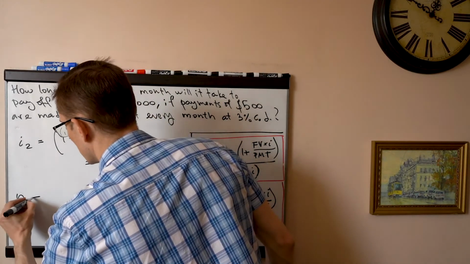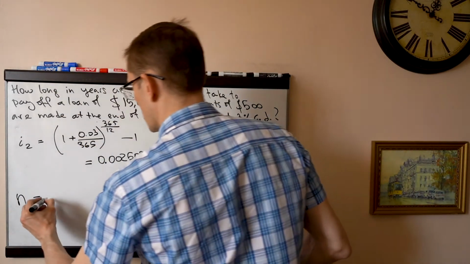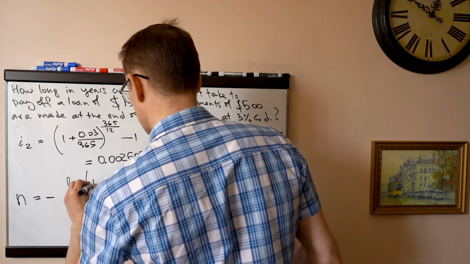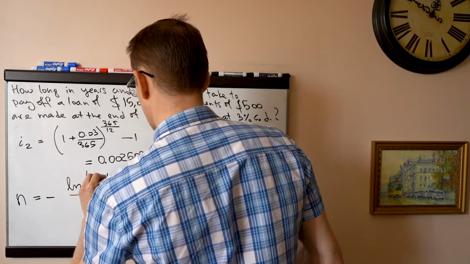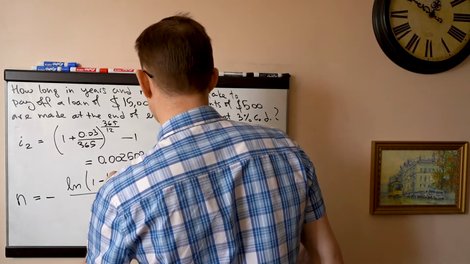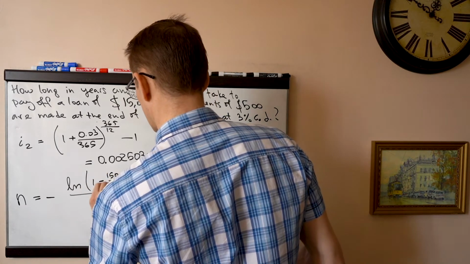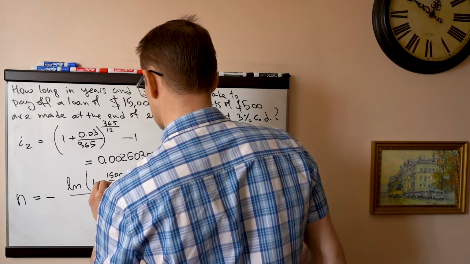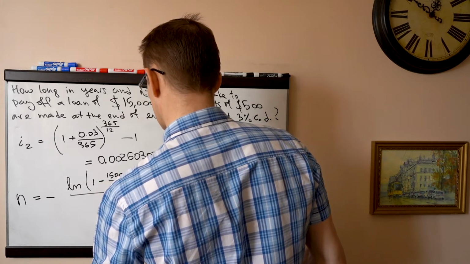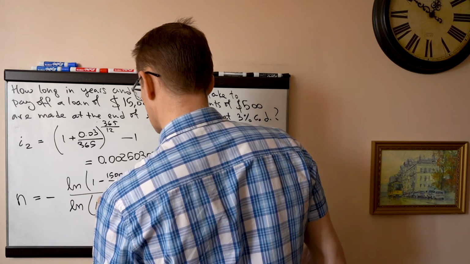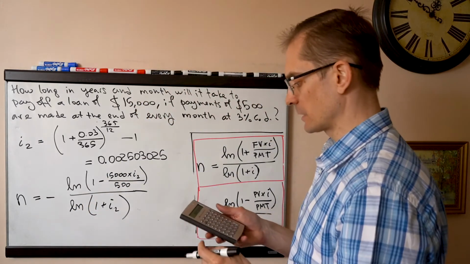This formula will be just the same kind of process, except that we will have a rate which is I2. So we use I2 as our rate. So let's calculate that.